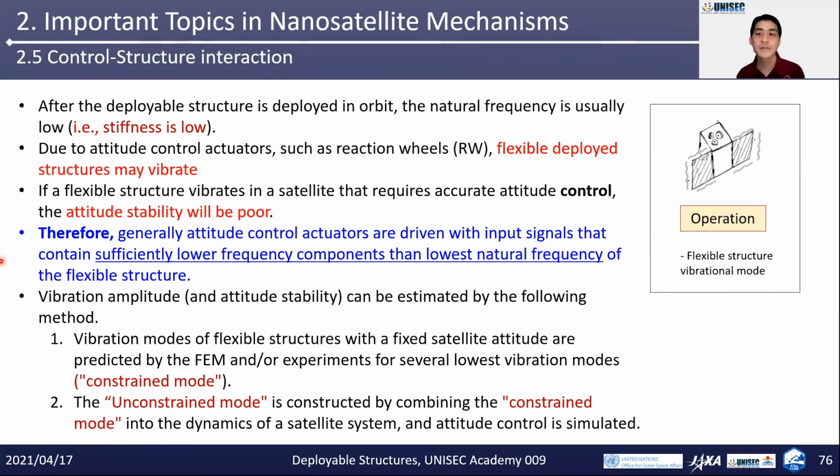First, vibration modes of the flexible structures with fixed satellite attitude are predicted by FEM or experiments for a few lowest vibration modes. This is called a constraint mode. Then second, an unconstrained mode is constructed by combining a constraint mode into the dynamic equation of the satellite system, and the attitude control is simulated.